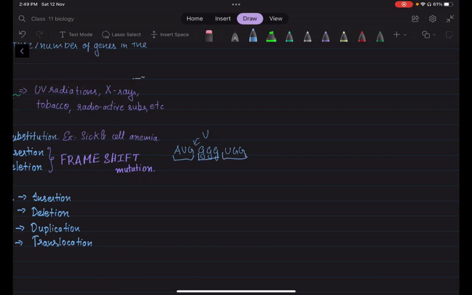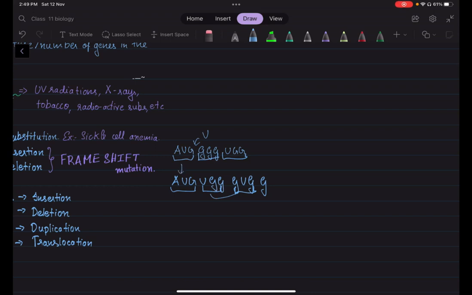But as soon as you insert a U over here, our genetic code will change and it will be read as AUG, UGG, GUG. So you can see here, two of the amino acids are changed.